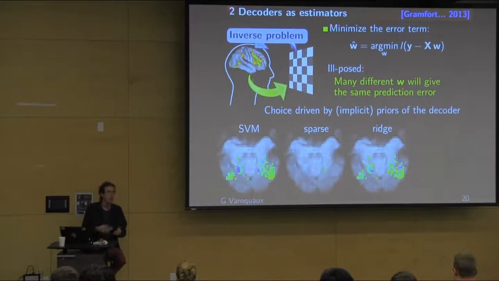It might have 500 voxels that we need to fit. It might have 5,000 or 50,000 if we're doing brain-wide. And we have a small number of repetitions. We might have 200 repetitions. You're already showing a lot of information to your subject. Your subject is exhausted, you can't do too much, okay?